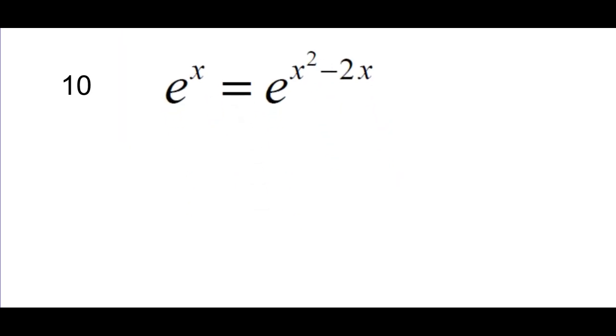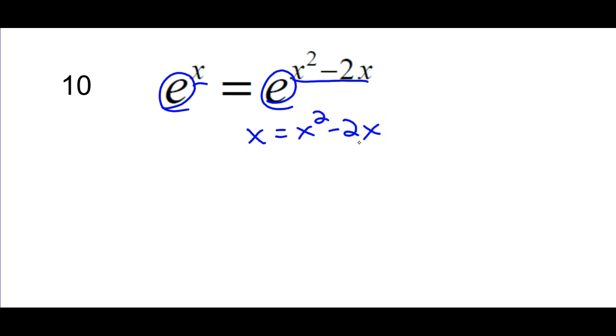So here we're going to use the one-to-one property we talked about in the first video. We've got e as our base, and it's raised to something on both sides. So since we have the same base, we can set those somethings equal to one another. And we're going to subtract x from both sides.